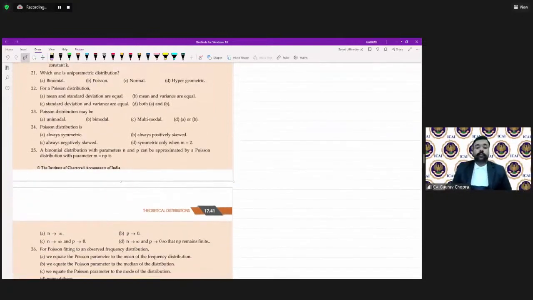Yes. Now some additional points for Poisson distribution. Poisson distribution is basically known as a uniparametric distribution.